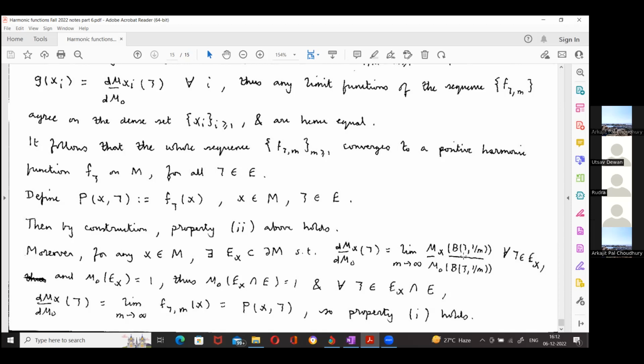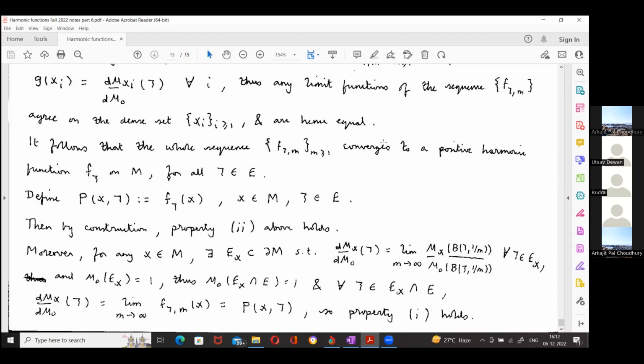These functions are exactly my functions f xi m of x, because I belong to E. So this limit is equal to the limit of f xi m of x, which by definition is p xi. And so I get that p xi is equal to d mu x by d mu naught of xi for all xi in this full measure set, E x intersect E.